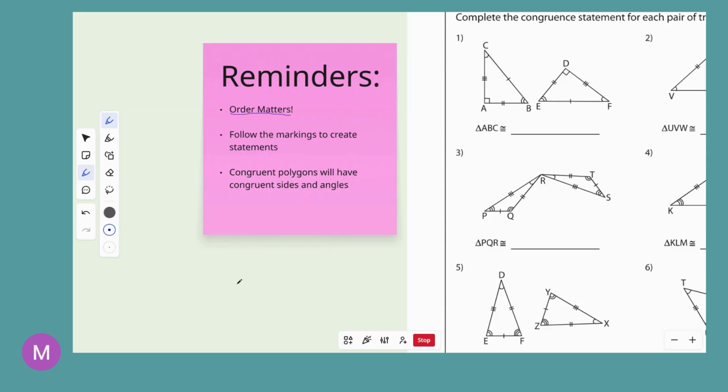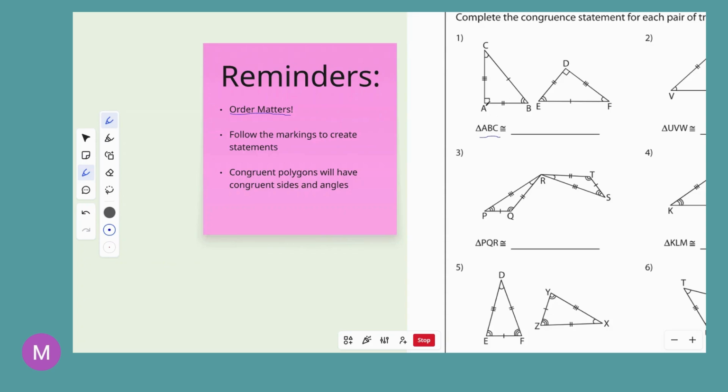The next thing is that you are going to follow the markings to create your statements, and it can be whichever pattern you choose. If we're looking at this example here, the one congruent dash mark matches up with this corresponding side that has the one congruent dash mark. But if we're writing a statement, we're going to look at the order.